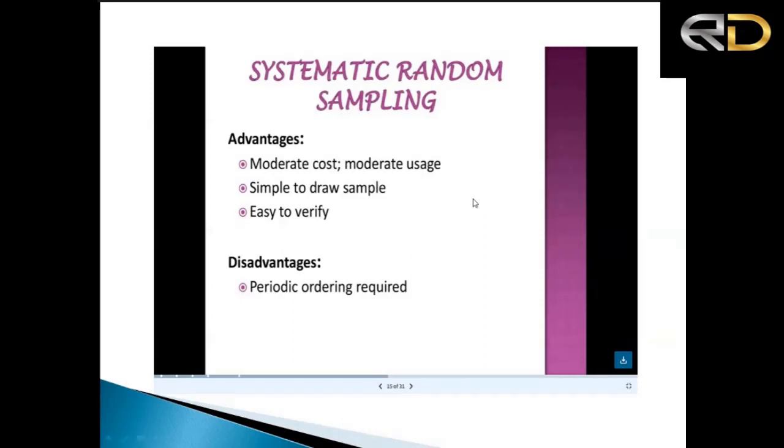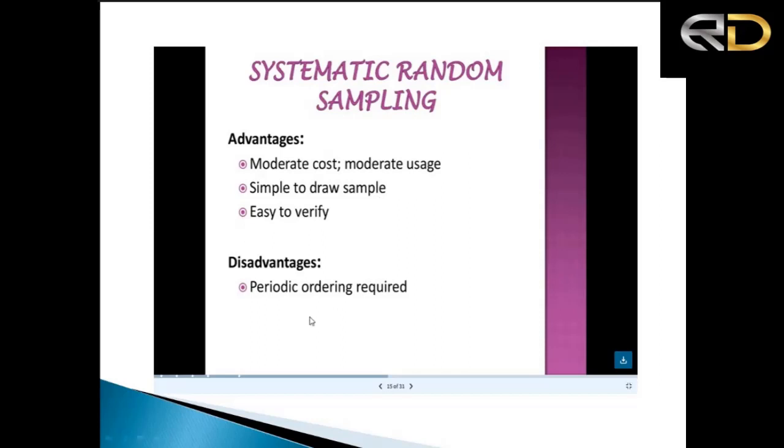It is moderate cost because the population sampling frame is available and the population is almost homogeneous, so we go for this sampling. It is very simple to draw the sample and easy to verify because we know all the selected units in advance.